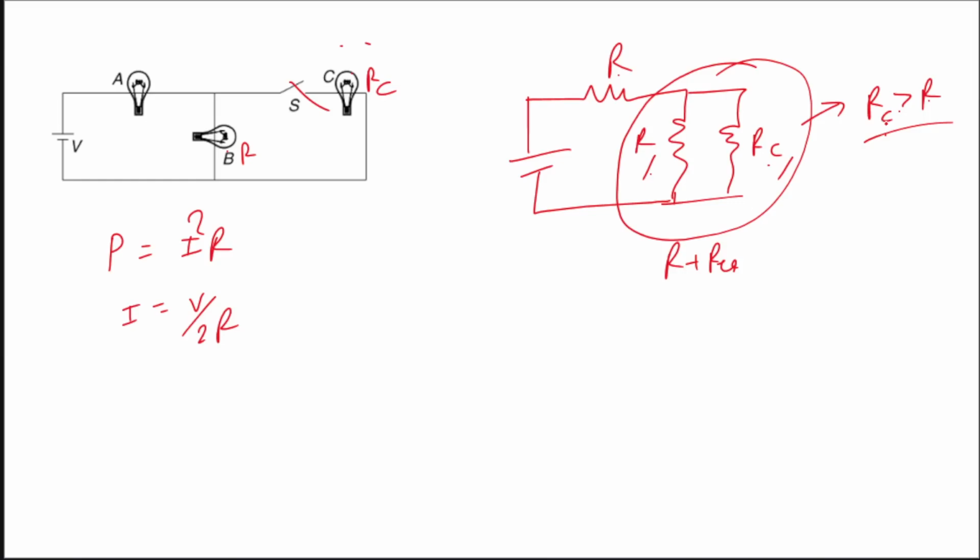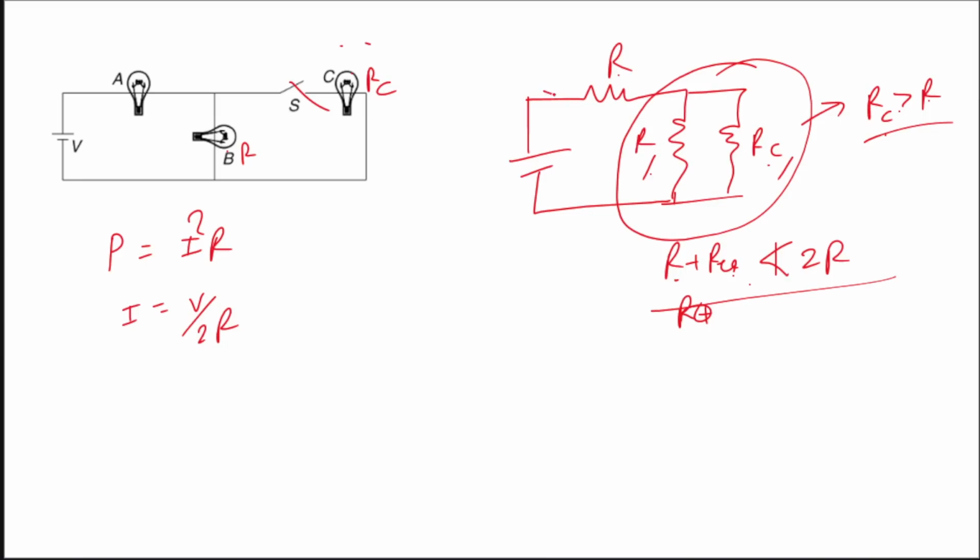Because saying less than RC could mean greater than R, but it is also less than R. So R plus R equivalent means R plus something which is less than R. So this R plus R equivalent will be less than 2R, but not much less than 2R, I would say. Why? Because this R equivalent is less than just R. So by a small value, this is less than 2R.